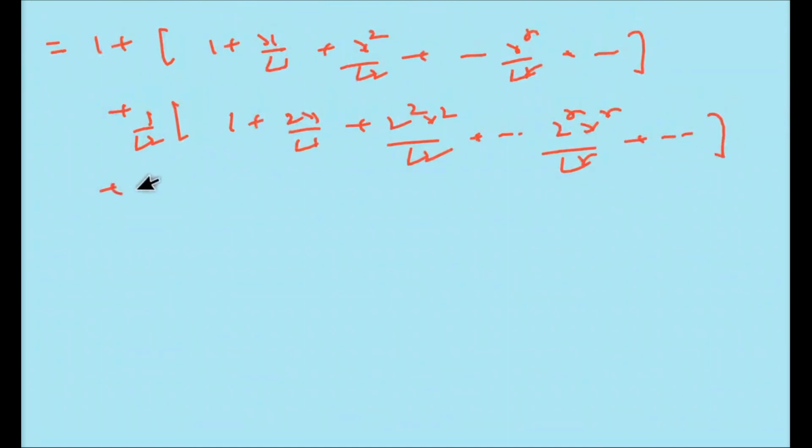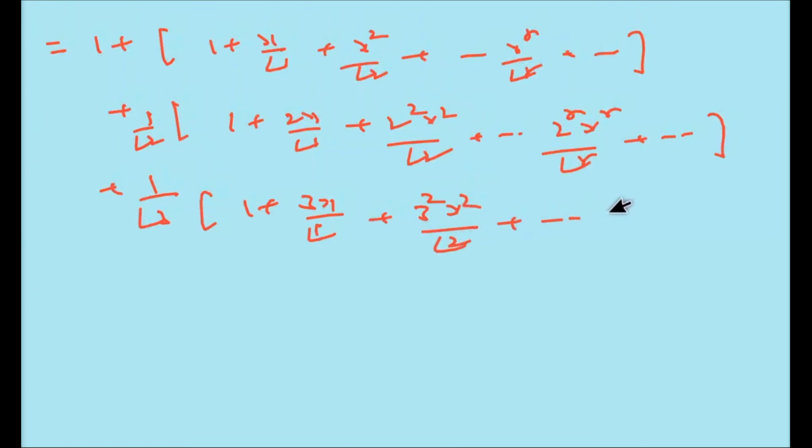And similarly in the third step we get 1 plus 3x upon factorial 1 plus 3 square x square upon factorial 2 plus and so on, 3 to the power r, x to the power r, and so on and so on.